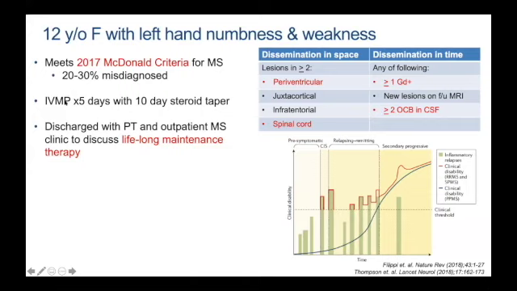So she received a first-line treatment, which is IV methylprednisolone, steroids for 5 days, and then she was discharged on a steroid taper, as well as instructed to follow up with physical therapy and also outpatient MS evaluation to discuss lifelong maintenance therapy.